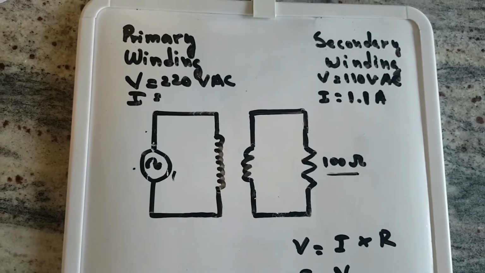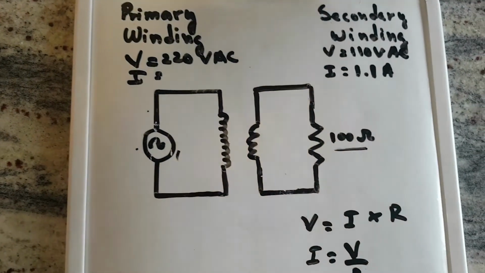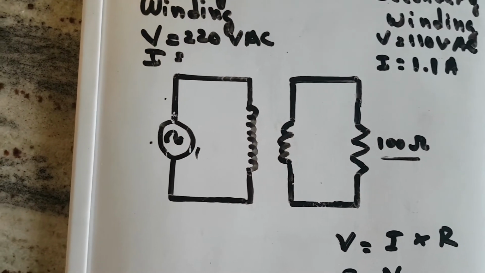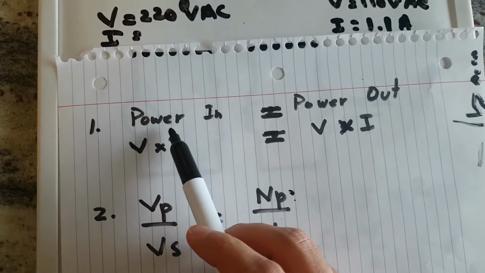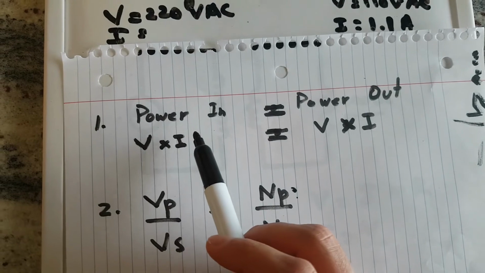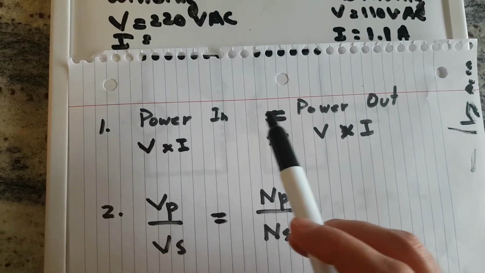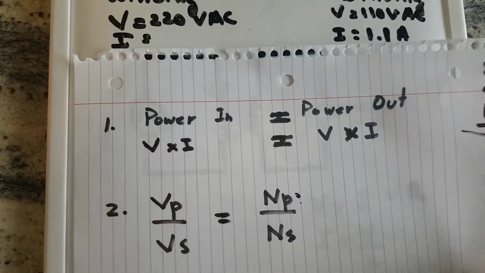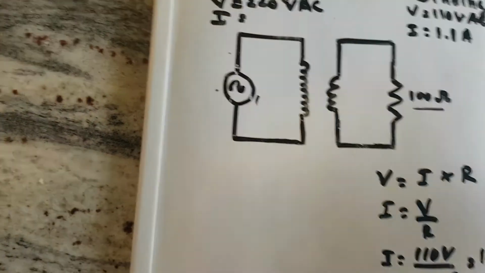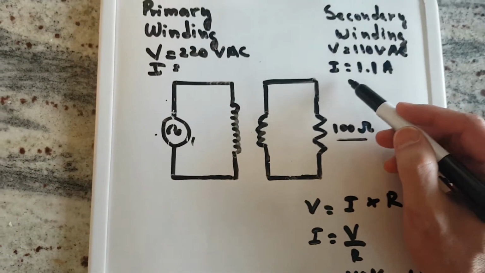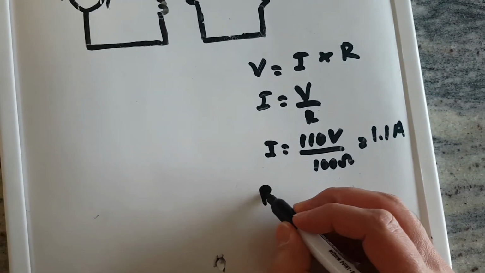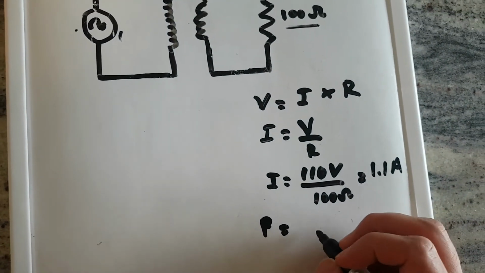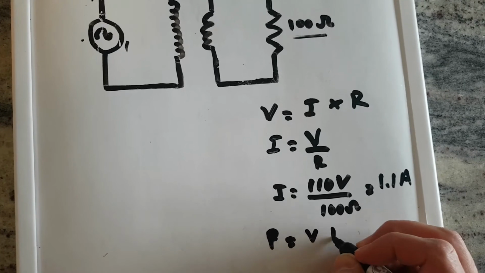Now we have two options. Remember that we have this formula here, that the power that goes in will be equal to the power that goes out. So we can calculate the power in the secondary winding, and remember that the power will be equal to the voltage multiplied by the current.